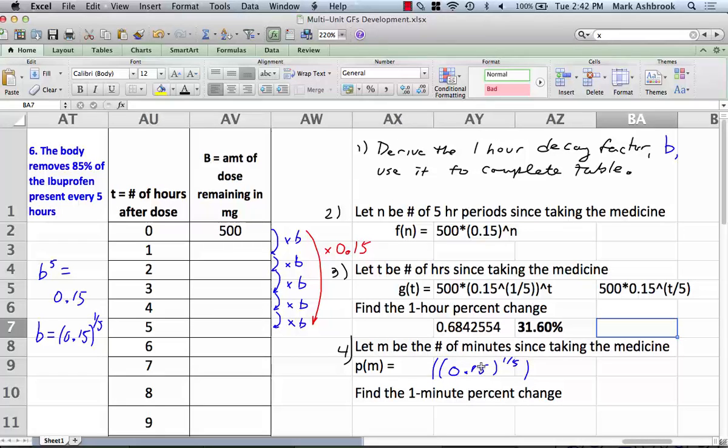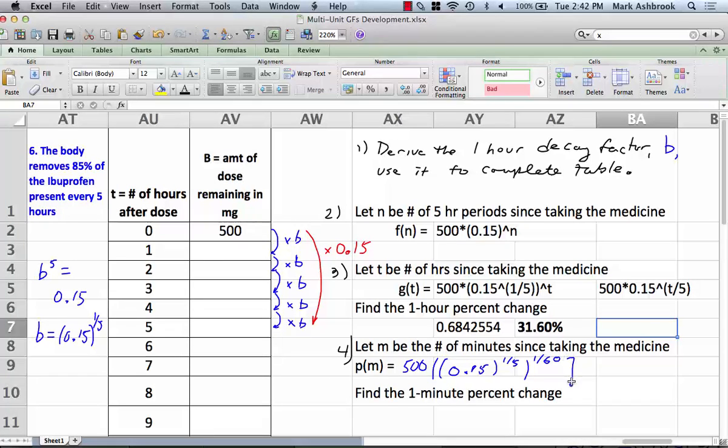So to get the 1 minute, raise it to the 1/60th. Does it work? Yes, because we're asking what number multiplied together 60 times is going to give us our 1 minute decay factor. So that's this number to the 1/60th. Okay, so then our initial amount is 500.